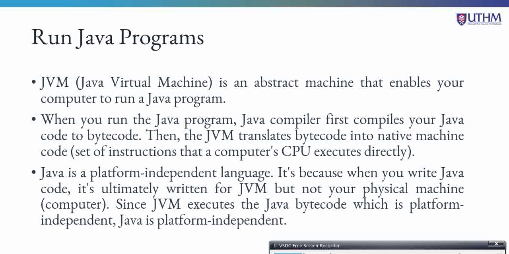So this is not directly 0 and 1. It depends on your architecture. In every computer, there are two prominent architectures. The first one is x86 architecture, and also we have what we call ARM architecture.